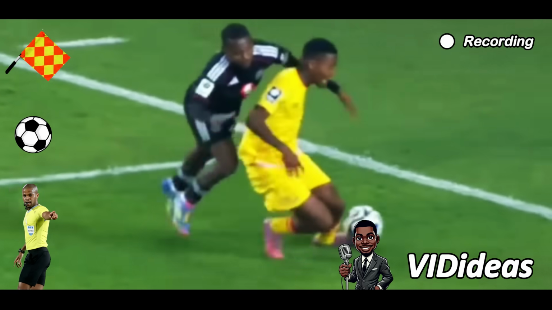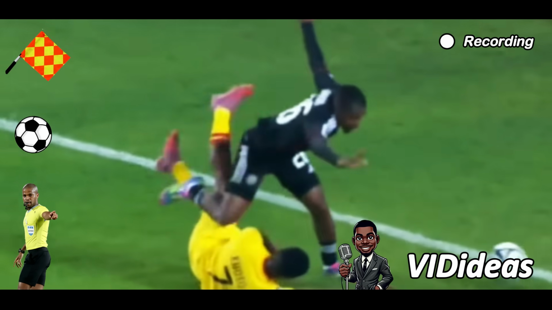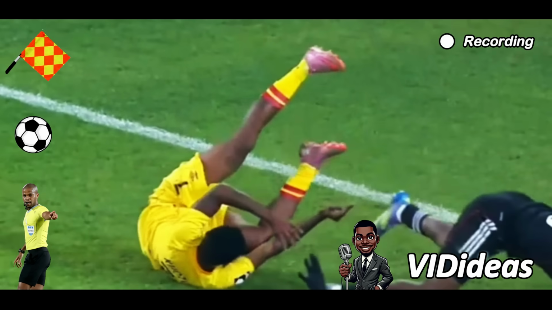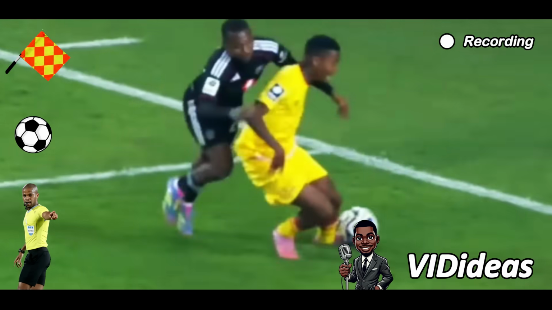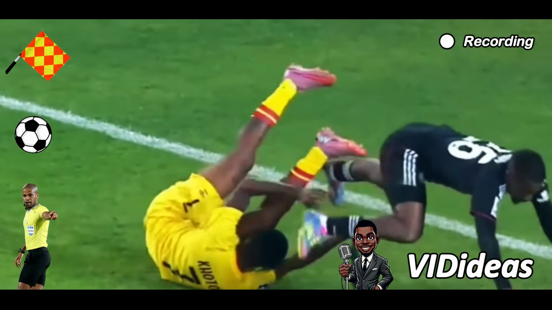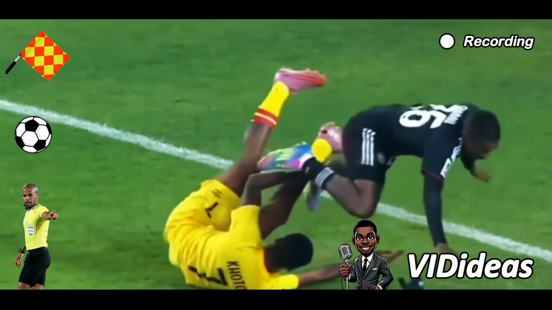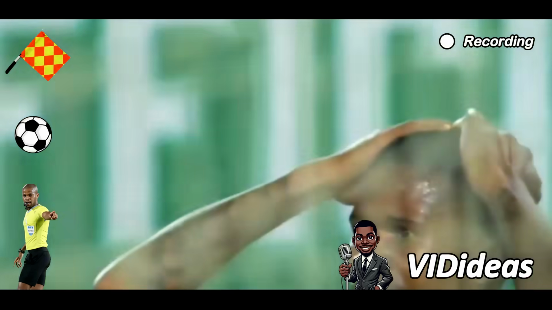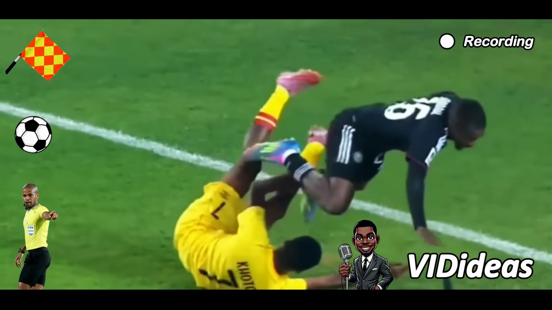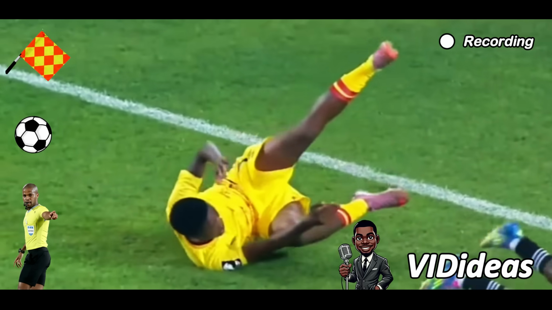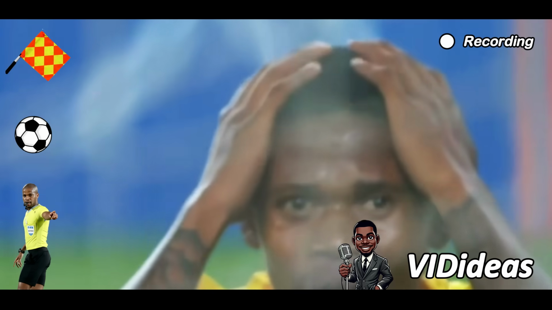Everybody knows that if you foul an opponent inside your 18-yard area, it is a penalty. This is not subject to interpretation. This was supposed to be given as a penalty. Fouls and misconduct, Law 12, says that if you impede an opponent, put your hands on an opponent and try to block their movement, it's considered a foul.